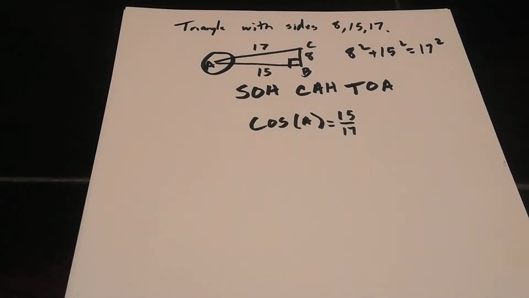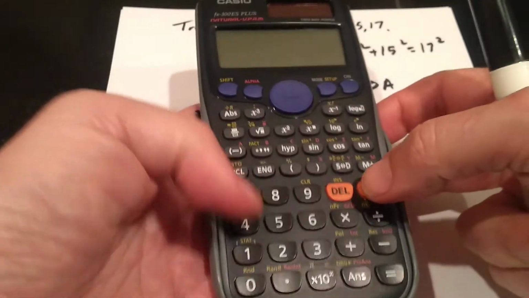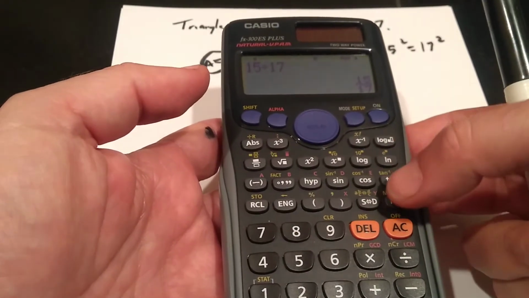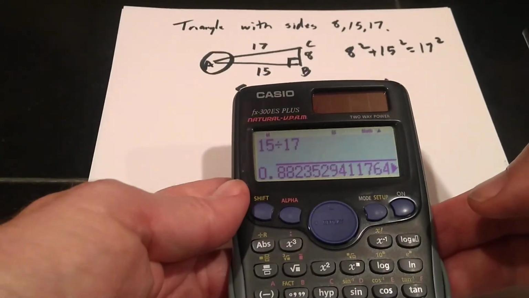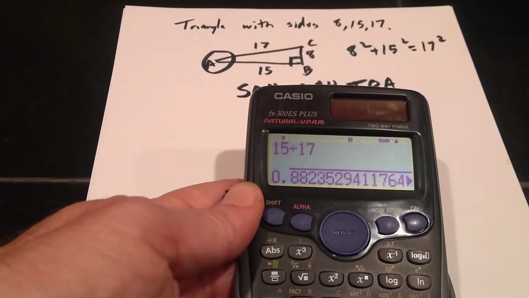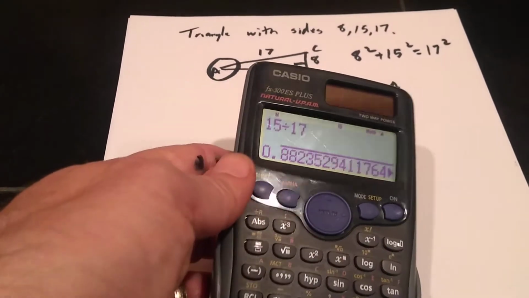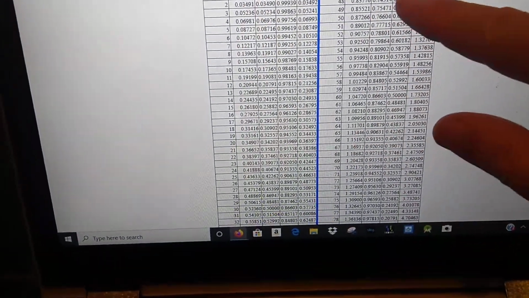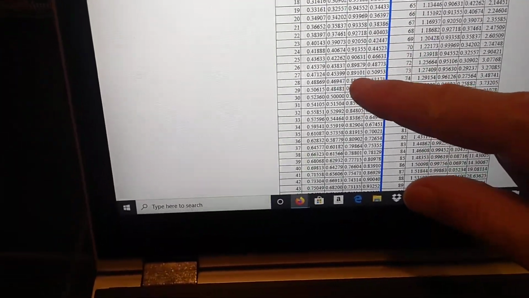And I'm going to get my calculator out and look that up. 15 divided by 17 is 0.8823, so roughly 0.88. What I normally do to figure this out is go to a trig table. Once again, we're looking at cosine, which is the middle column, and we're looking at 0.88. 0.88 looks like it's about between 28 and 29 degrees.